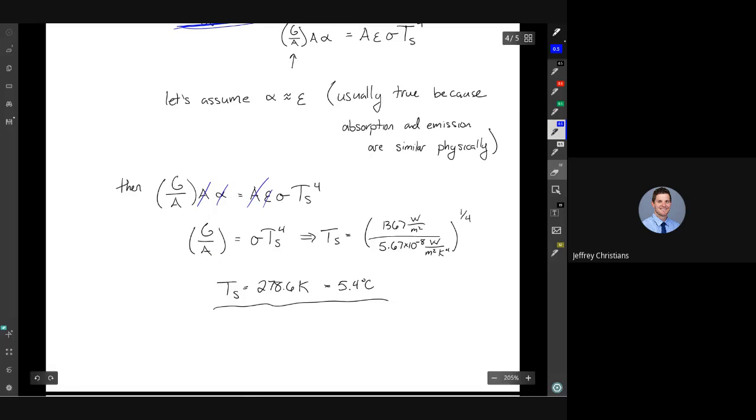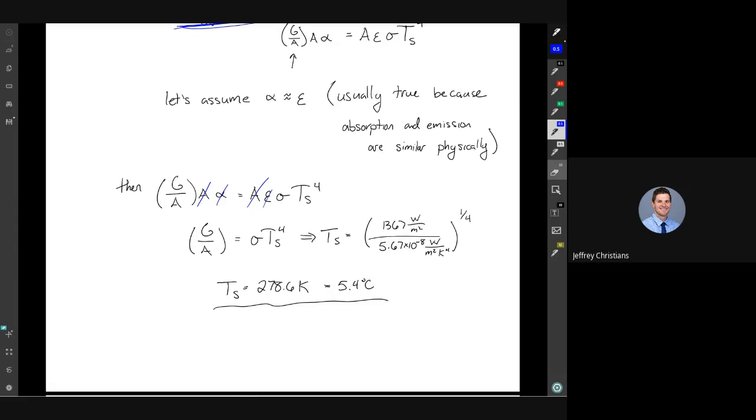But another cool thing, we just figured out why the Earth is the temperature that it is, pretty much. And how you could, with something like global warming, how that would work. It would work by changing alpha and epsilon. Right? So if you're decreasing how much light you're absorbing as the Earth, you're decreasing alpha, that would get you colder. If you're decreasing how much light is being emitted, that's going to get you warmer.